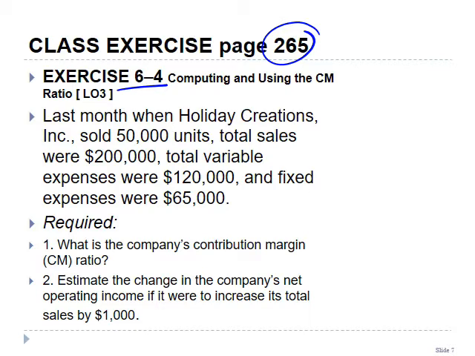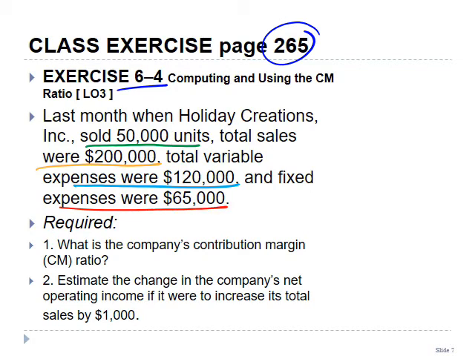Last month, when Holiday Creation Incorporated sold 50,000 units, total sales were, in dollar terms, 200,000. Total variable expenses were 120,000, and our fixed expenses were 65,000.